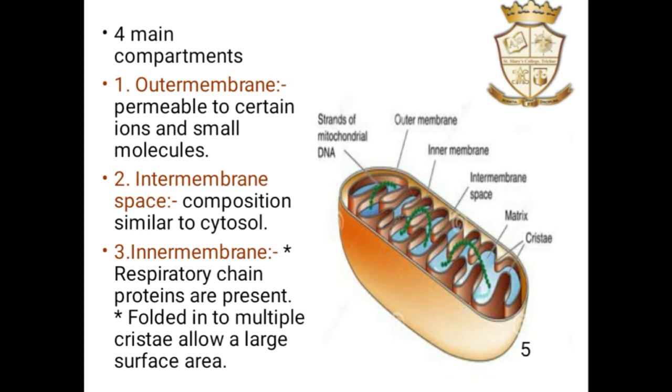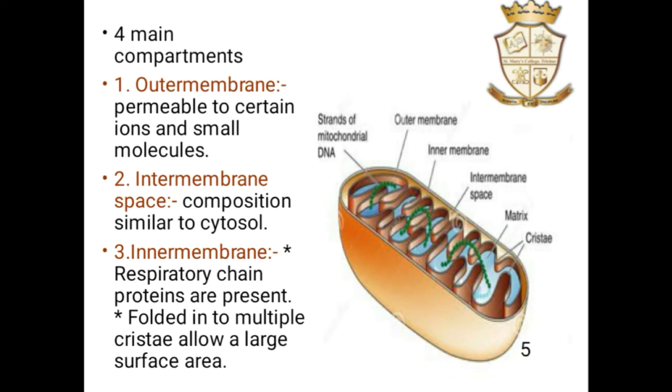The second compartment is the intermembrane space, and its composition is similar to the cytosol. The main function of the mitochondria is energy release, and this process takes place in the intermembrane space.